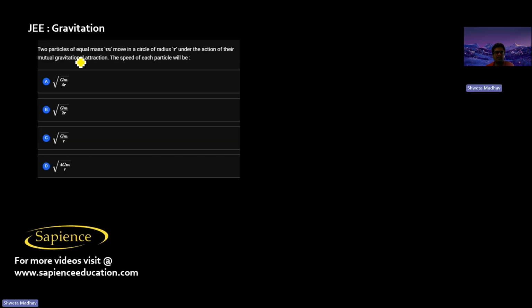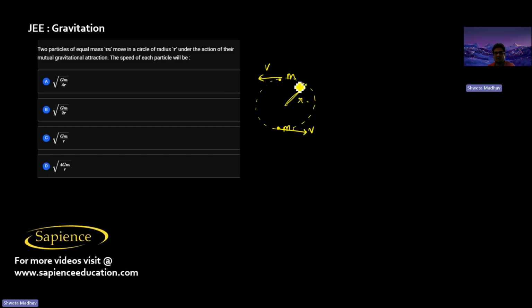Two particles of equal mass m move in a circle of radius r under the action of their mutual gravitational force. So two particles are there having masses m, they move in a circle of radius r under their mutual gravitational attraction. The speed of each particle will be the same, v and v.